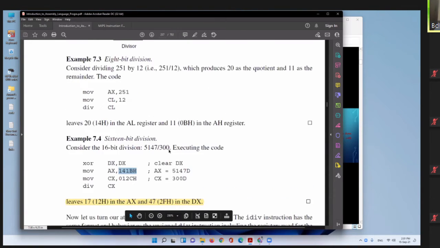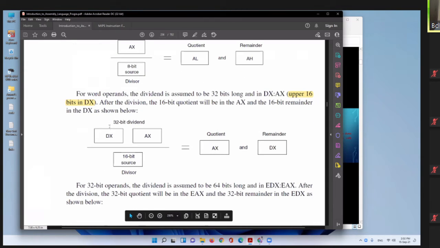Anyway, this is a 16-bit division. So the dividend value is 16-bit, right? But we have 2 separate registers. The AX register is quite enough to store the 16-bit number, right?